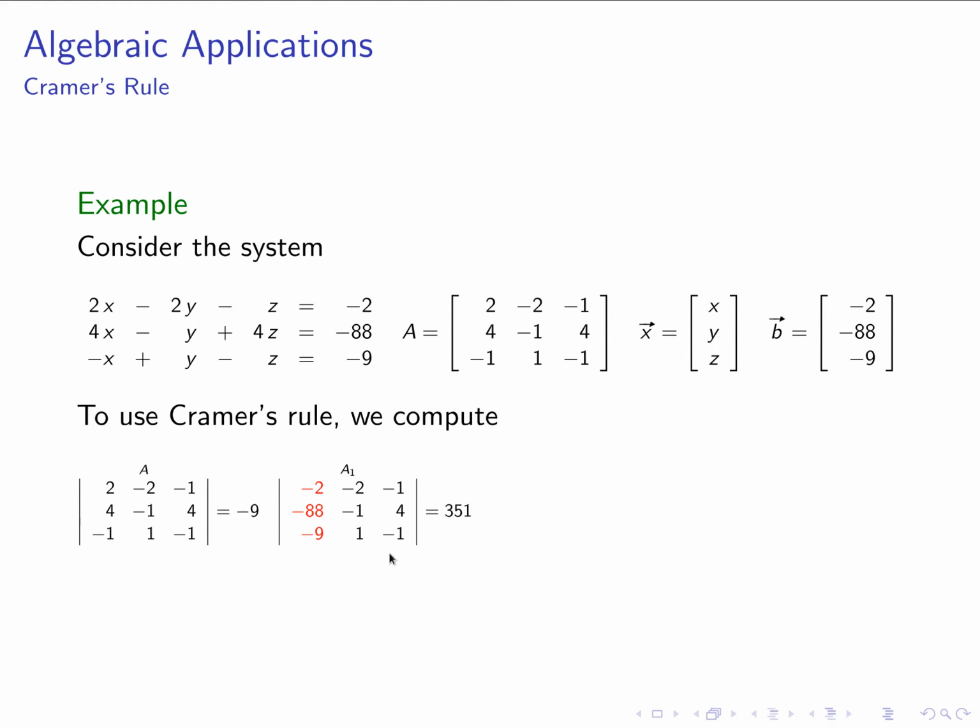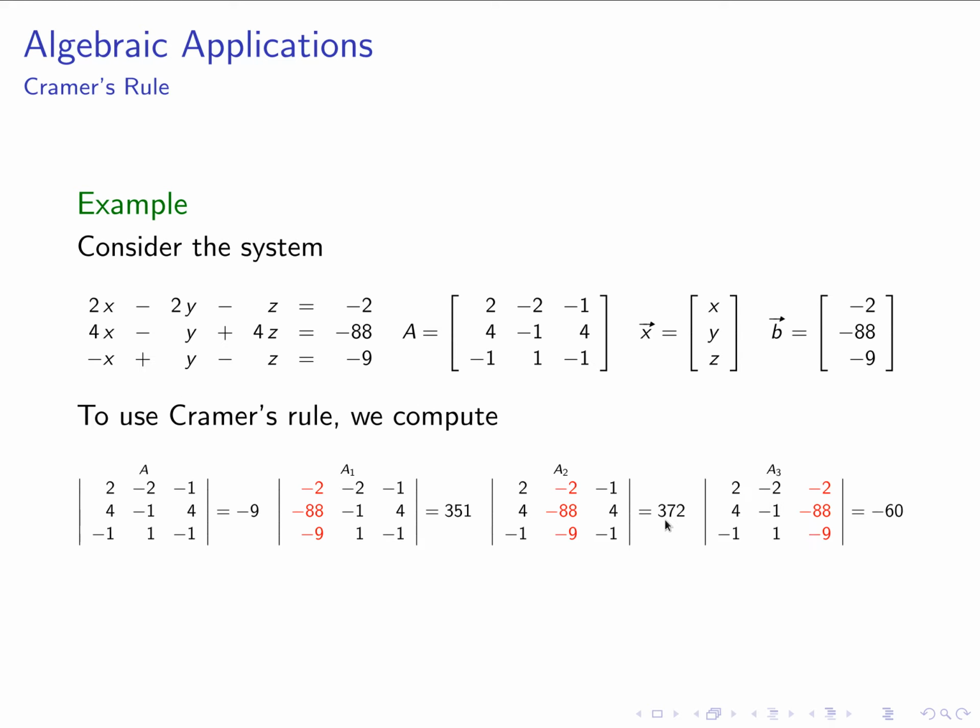When we do the work here, we end up with the number 351. To calculate A2, we need to rip out the second original column of A and replace it with the vector B and take a determinant of the resulting new matrix. When we do the work here, we end up with the number 372.